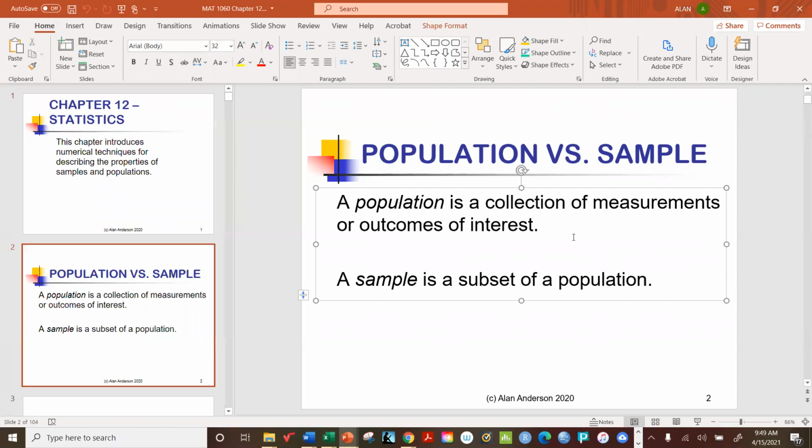So the word population normally is taken to mean a collection of people, but here we're looking at it in a different way. We're looking at some characteristic typically of the people that we're studying. So for example, we might be interested in studying not the people themselves, but their salaries or their ages, or where they live, or how many houses they own, or anything along those lines.